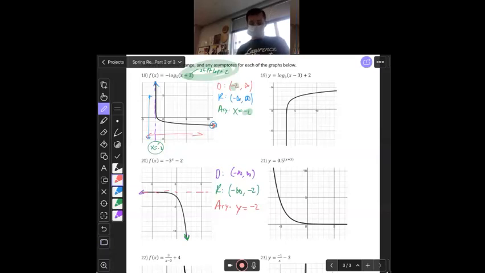And that's coming from this. So there's a shift down 2. That's why that range and the asymptote have both moved to -2 rather than where they were supposed to be, which was at 0 for the parent function.